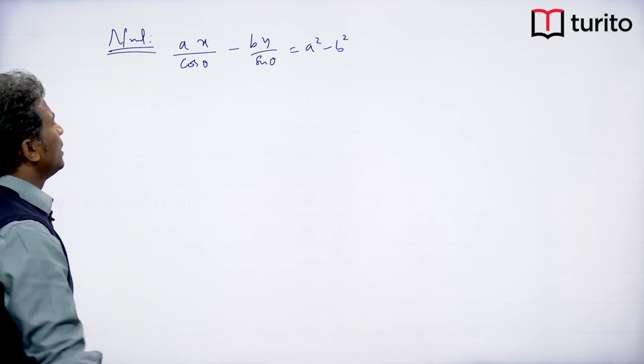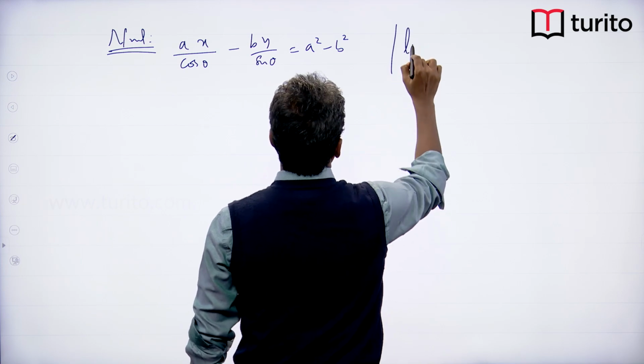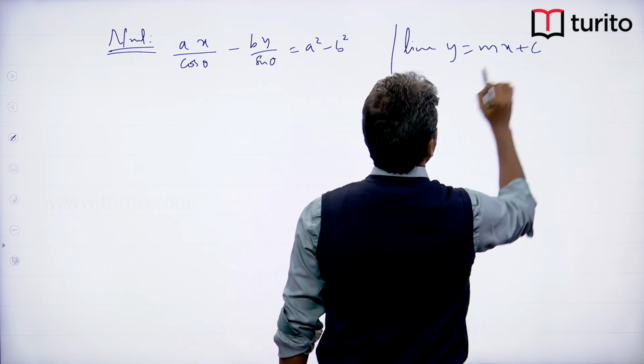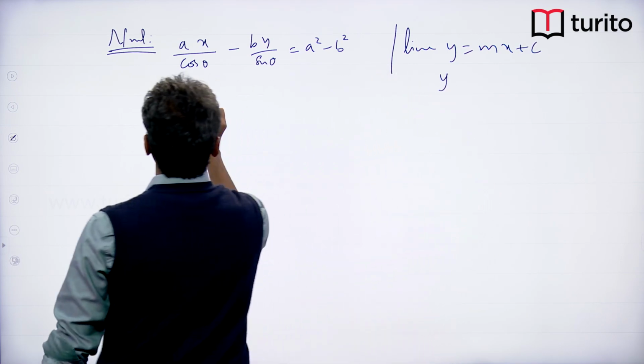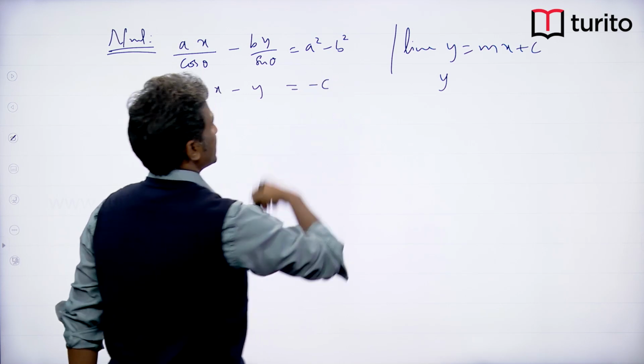Now if we try to compare this with the line y equal to mx plus c, this can be written as mx minus y equal to minus c.